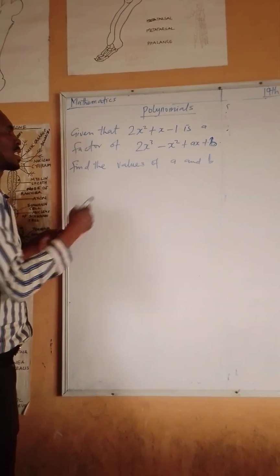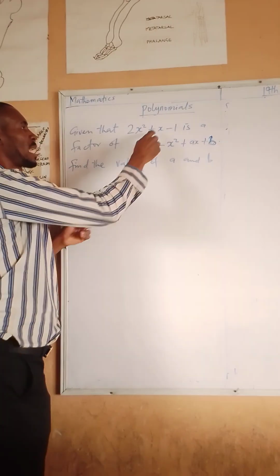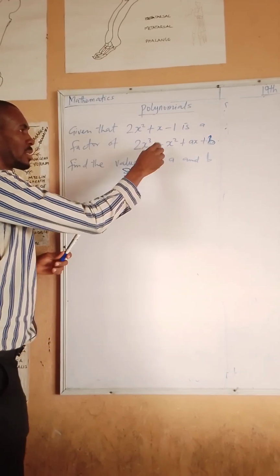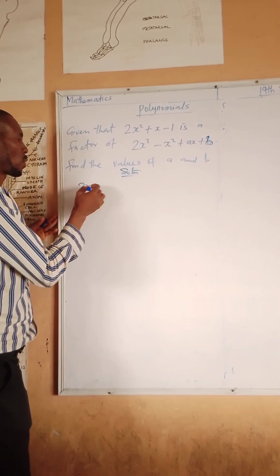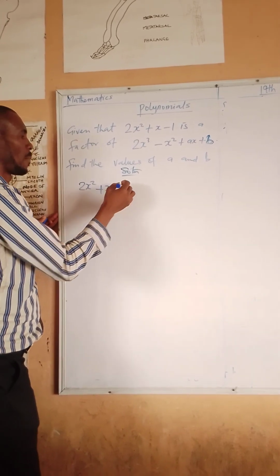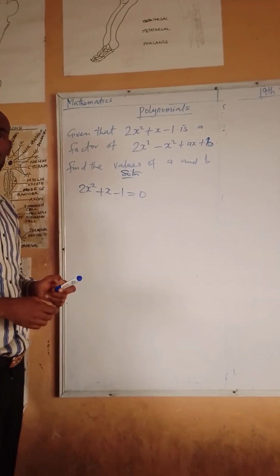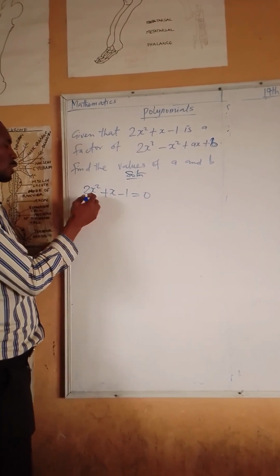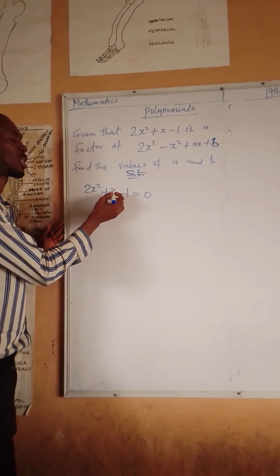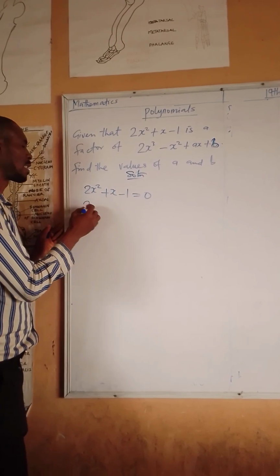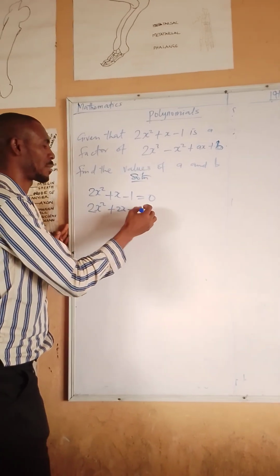So, we begin with this. Since 2s squared plus s minus 1 is a factor of this, let us find the root of this equation. So we're going to say 2s squared plus s minus 1 equals 0, since it's a factor. When we factorize it, the product is minus 2s squared and the sum is plus s. So this is 2s squared plus 2s minus s minus 1.